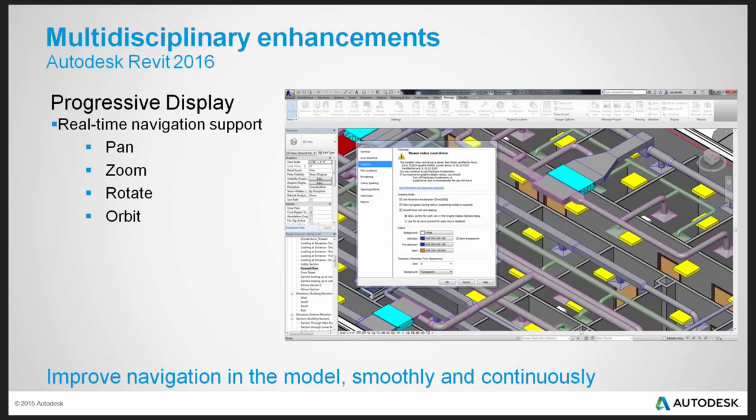We can use this progressive display option to interrupt the display of model elements as you move through the model. It's a feature that's going to enable you to navigate the model smoothly and continuously.